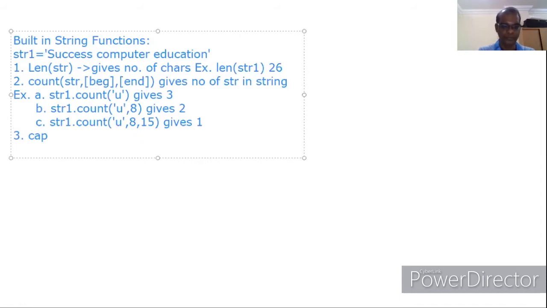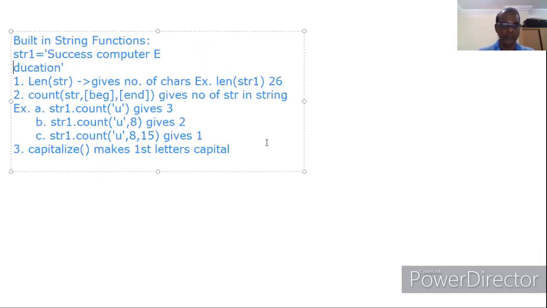Third one, capitalize. It is very simple. It returns, or we can say makes, the first letter capital. That means in success computer education, S alone will be capital, everything will be small letter. Even though this E is capital, this E will become a small letter.